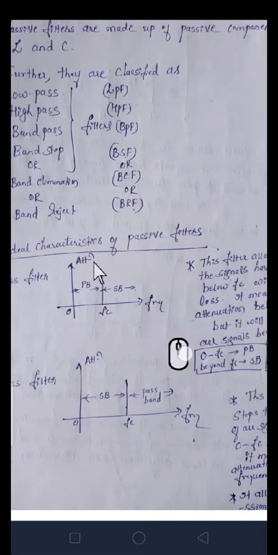It is offering either zero attenuation or infinite attenuation. Zero attenuation means no loss of the signal, the filter is passing all the signals. Infinite attenuation means the filter is not passing any of the signals.